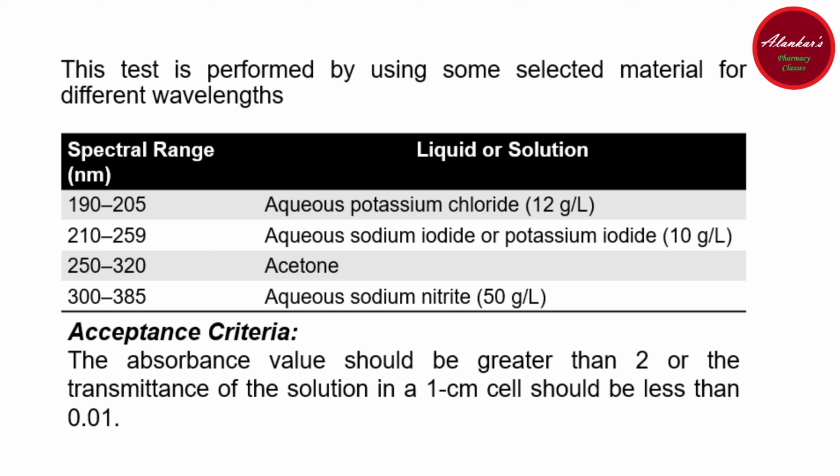The acceptance criteria is this: the absorbance value of the above mentioned solution should be greater than 2, or the transmittance of the solution in a 1 centimeter cell should be less than 0.01.